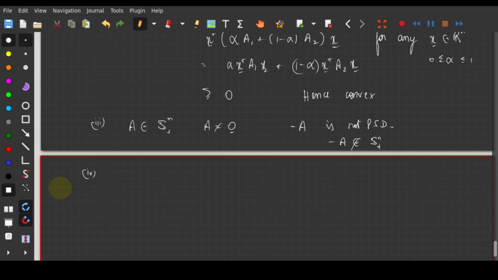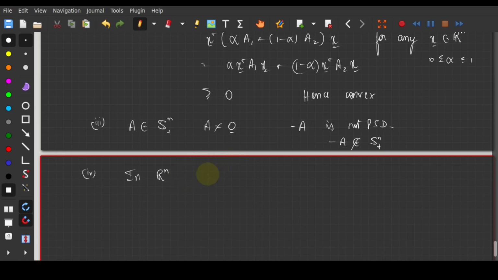But even before that, let's take a step further back and try to understand what is a ball in this case, right? So remember that the space that we're dealing with is the set of all symmetric matrices. Right? So in Rn, we know what a ball is.